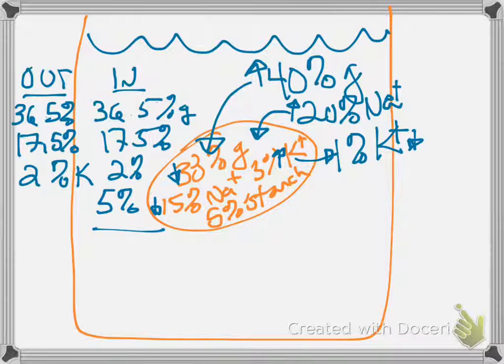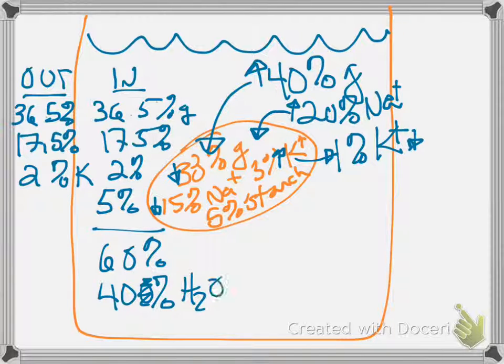Now, if we add all these up, let me do the math here. So 37, 17, that's going to be 47.5, plus 3, plus 5. That's going to be 60% solutes inside the cell, which gives us 40% water inside the cell. The outside of the cell is going to be 36.5 plus 17.5.